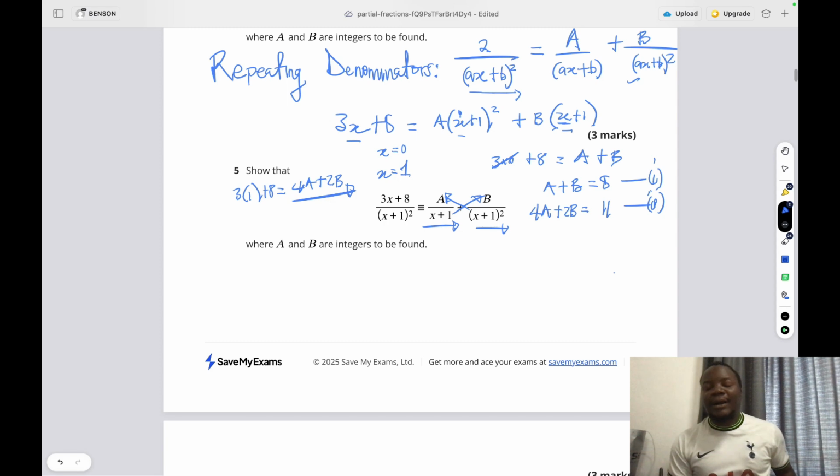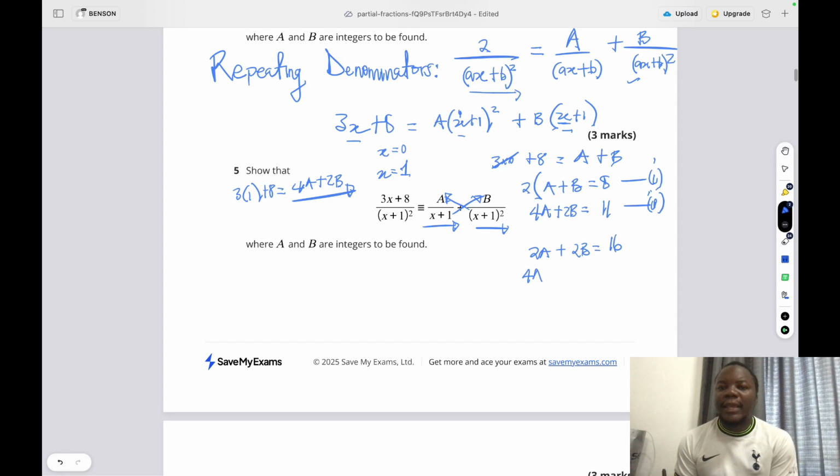And remember, our duty is to find the values of A and B. So what we are going to do here is simply solve this and find the values of A and B. Right away we know we are going to multiply the first equation by 2 so that I can eliminate the B, which then gives me 2A + 2B = 16.